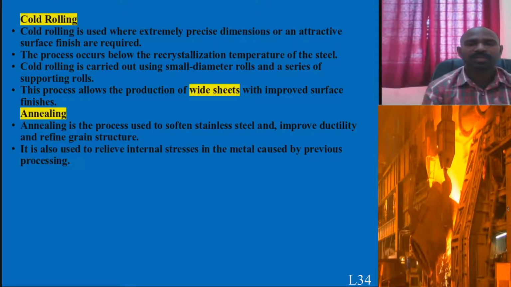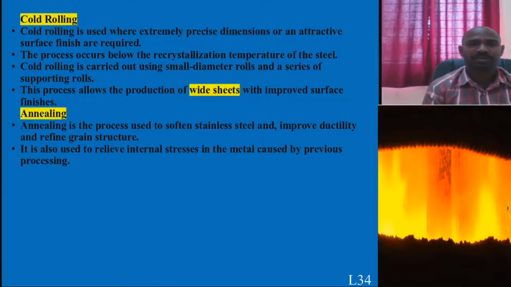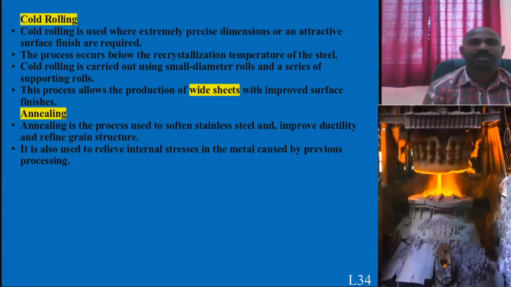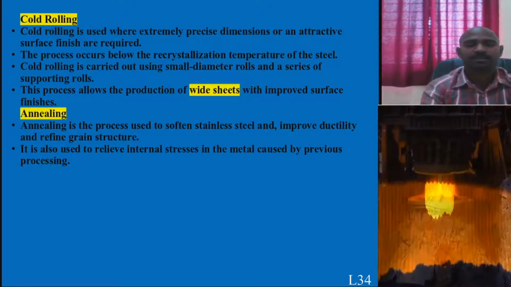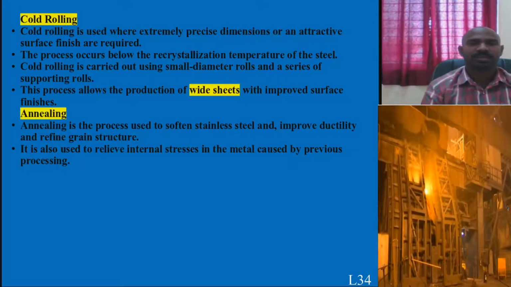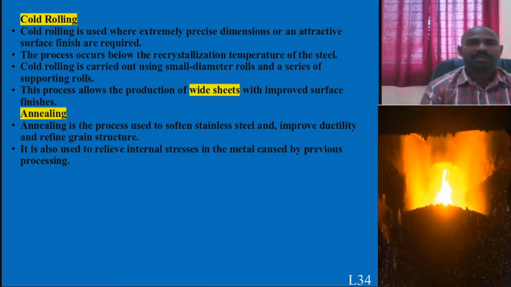You can also remove the internal stresses, residual stresses. Usually mechanical operations, semi-finished goods, casting operations induce residual stresses in the material. These things will be removed at annealing steps. This is a compulsory step for any of the operations.